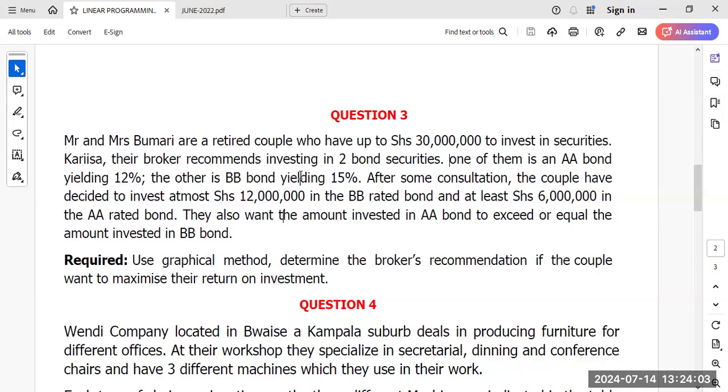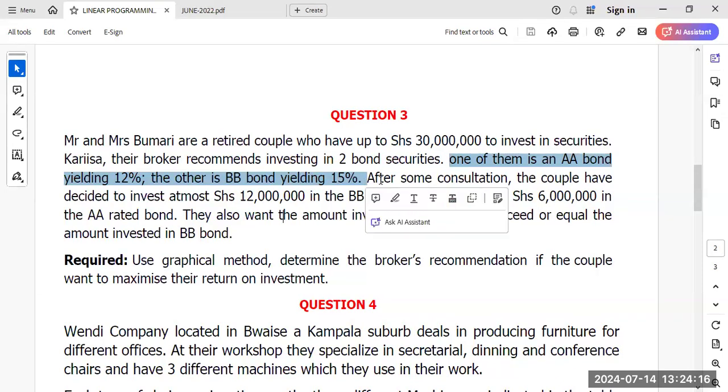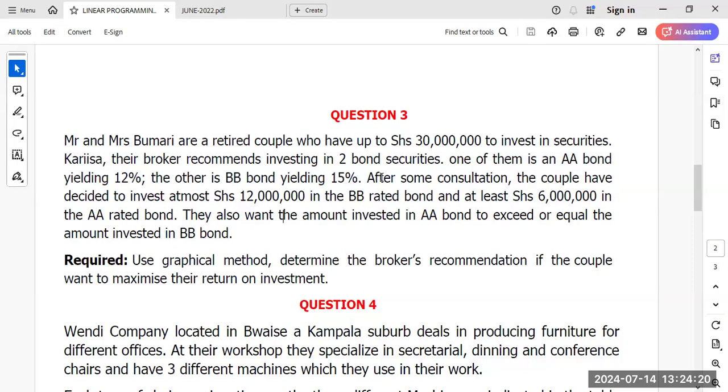Remember, if this statement gives you a hard time, if you have confusion, first leave this statement and continue. Then you put a star. Let's first continue. Remember, in this question you will also need the objective function.